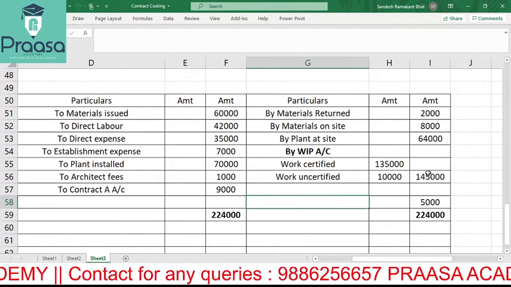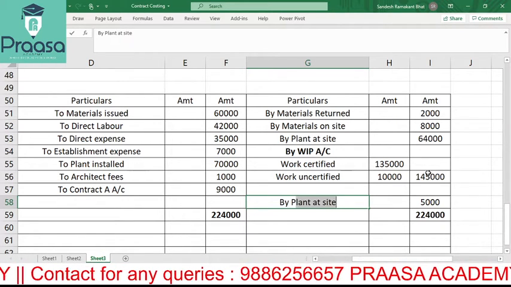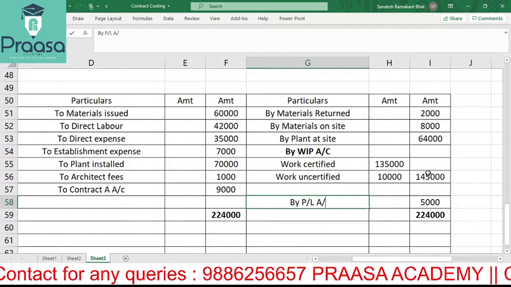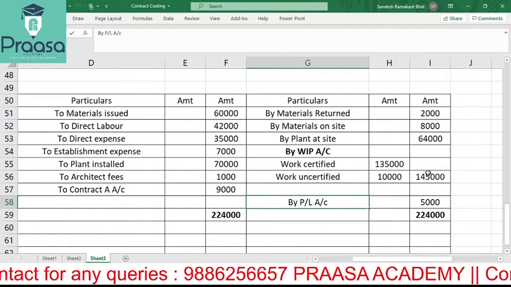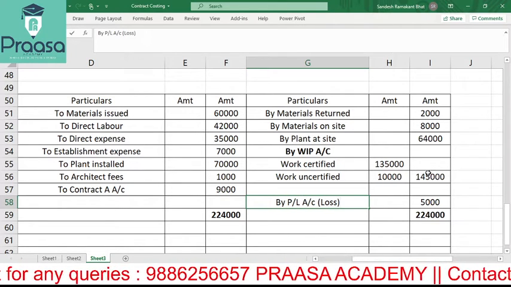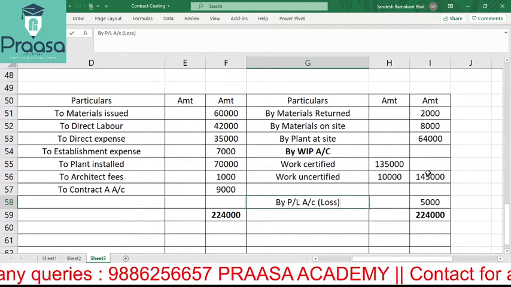So what will happen here? Notional loss? By P and L account directly you will send it here. Why? You call it a loss. Do we have to calculate any actual profit? No, nothing, because it is still under process.